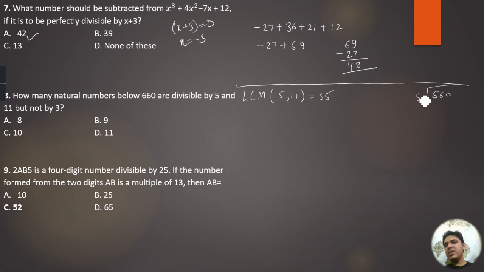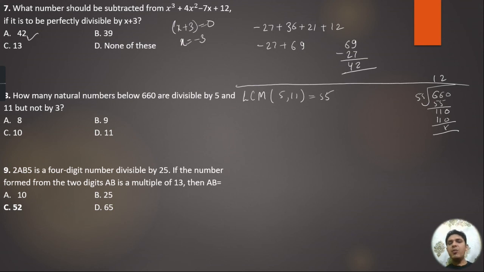So 55 1 is 55, so the remainder is 11, and 55 2 is 110, so here the remainder is 0. That means till 660, how many numbers are there that will be divisible by 55? Till 660 there will be 12 numbers.